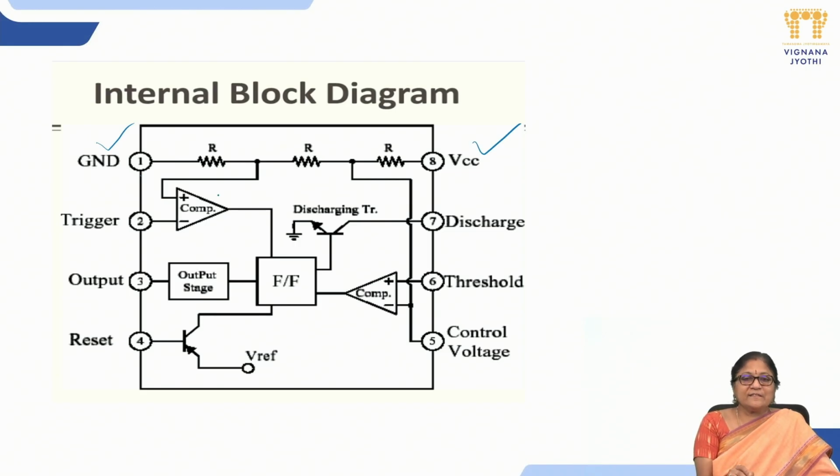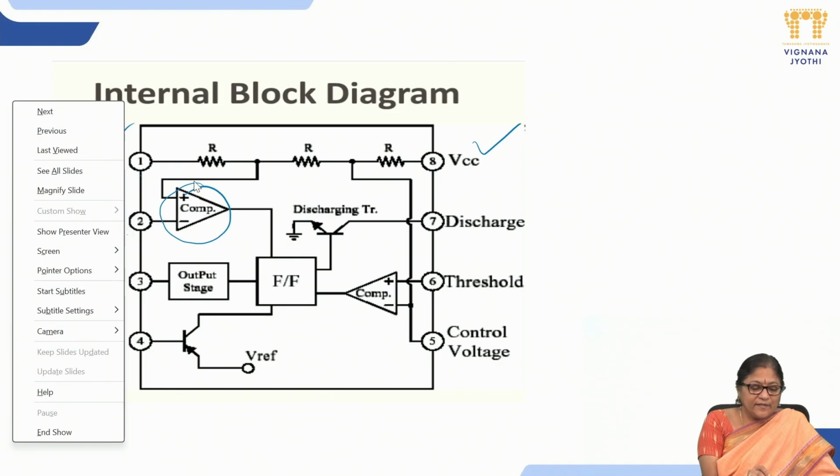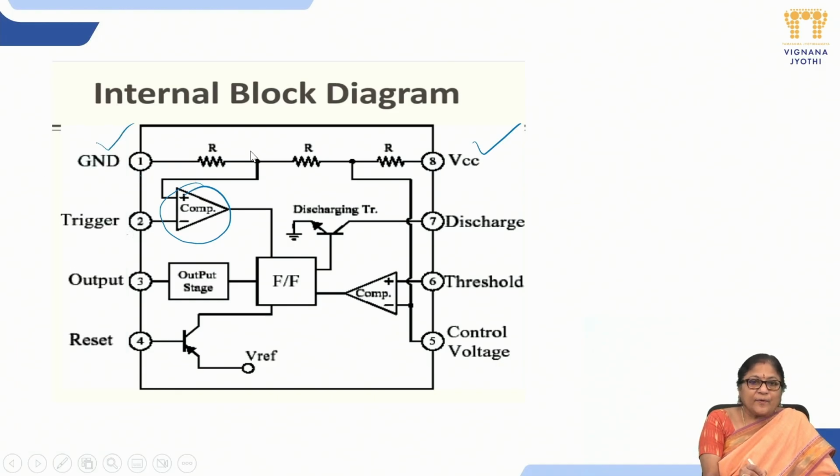These 3 resistors and the supply, the tapping voltages, decide whether it should charge or discharge. And for these comparators, you can see the trigger comparator: one pin is connected to trigger and another pin is connected to this point.